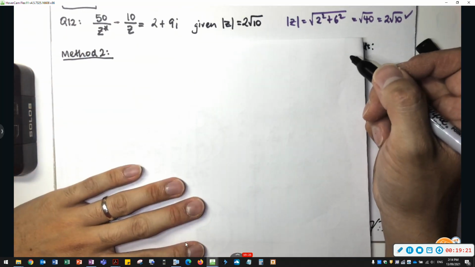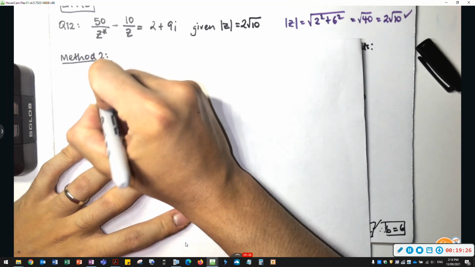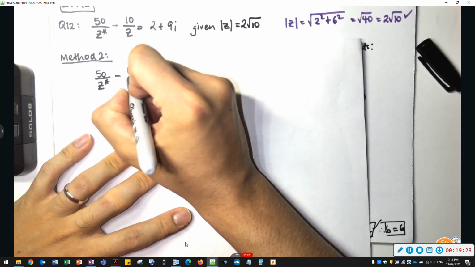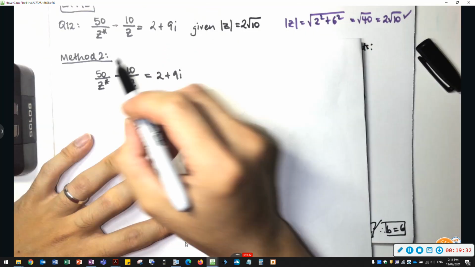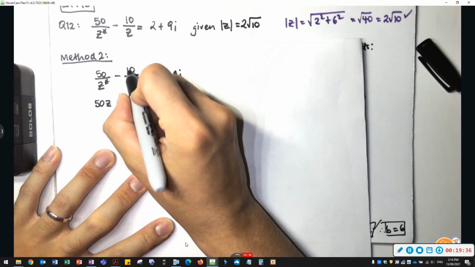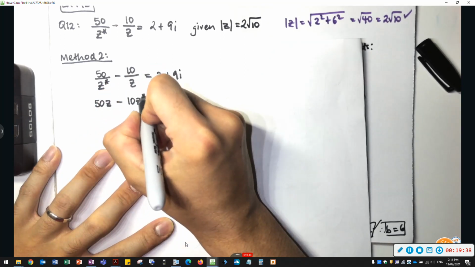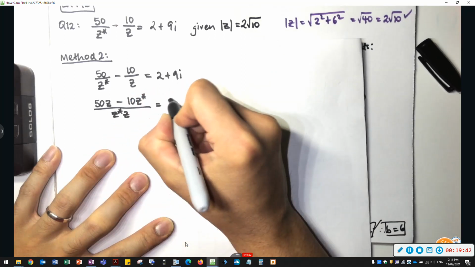You'll see some things simplify. So let's start again. We're going to go 50 over z star minus 10 over z equals 2 plus 9i. So we need to multiply that by z, so we've got 50z, this by z star, all over z star and z, 2 plus 9i.